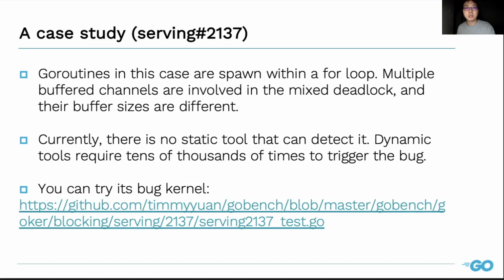Currently, no static tool can model such a complex situation well, and due to the large space of interleaving, dynamic tools usually need to run tens of thousands of times to trigger the bug. You can try its bug kernel in GoBench following this link.